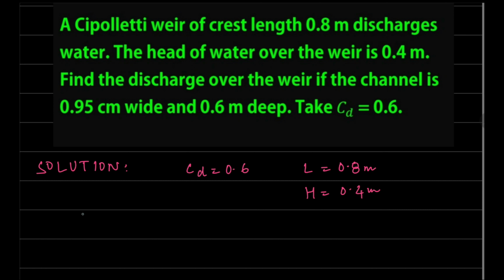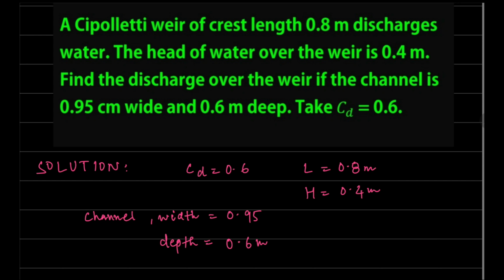So channel dimensions such that the channel width and depth of flow. So depth is 0.6 meter and channel width is 0.95.